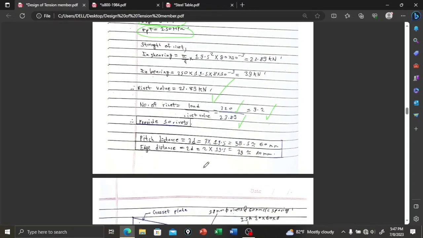Pitch distance is... minimum pitch distance is 2.5 times nominal diameter, so we can choose pitch as 3D. 3 into 19.5 is 58.5, so we choose 60 millimeter, and S distance is 2D. 2 into 19.5, that is 39, so 40 is preferred.